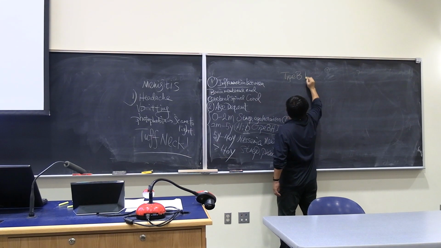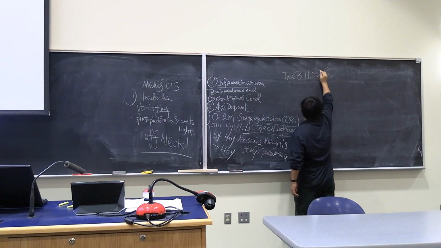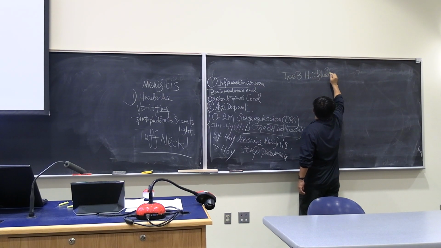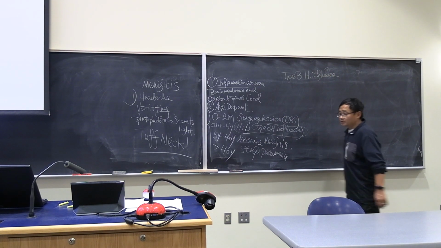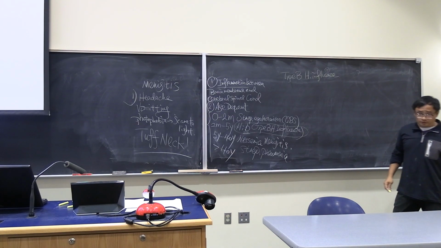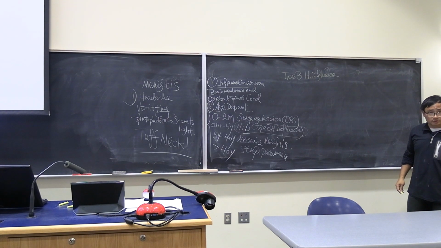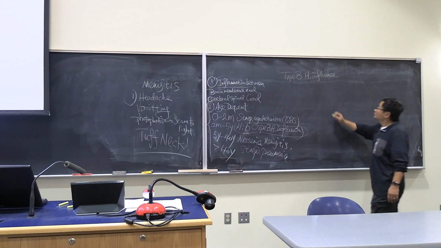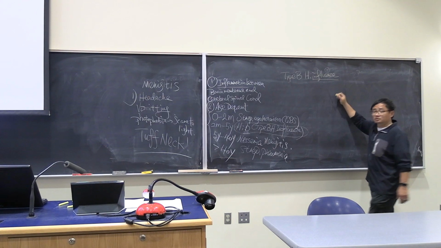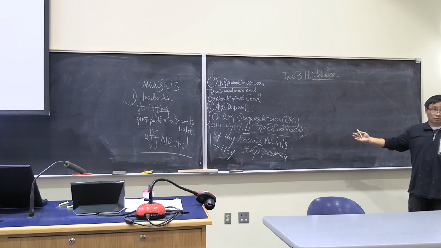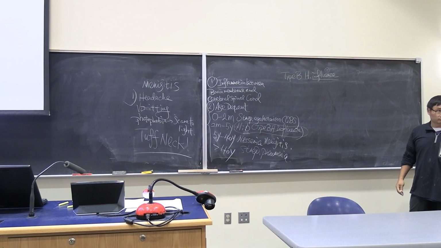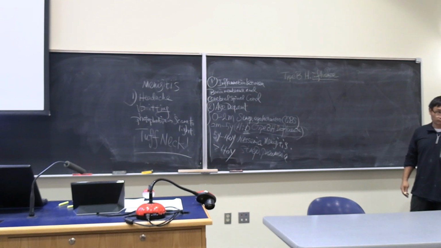Type B Haemophilus influenzae. First of all, the species name is confusing. It says influenzae, so it looks like it will cause flu. No. It causes mild flu-like symptoms, which is what they saw when they first did the research.